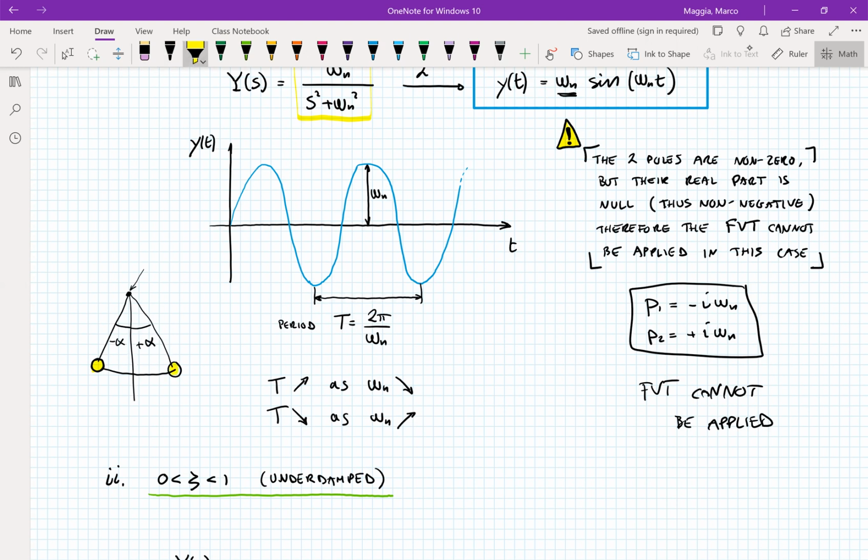So this would be the undamped case. Without any drag or friction, the pendulum would just oscillate between plus and minus alpha. In our case, it would be plus and minus omega n.